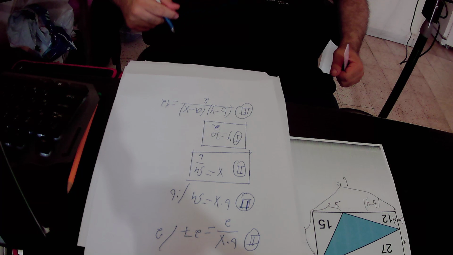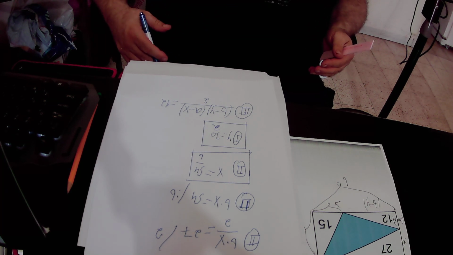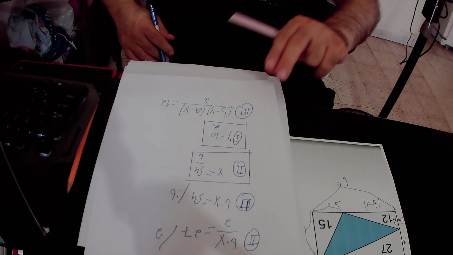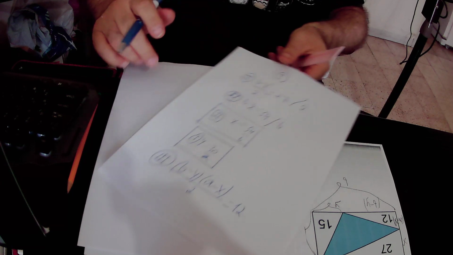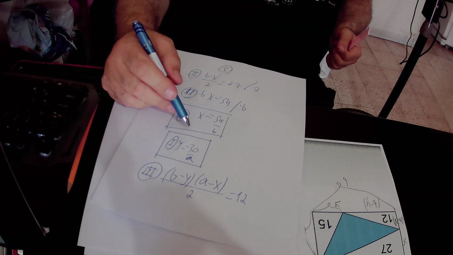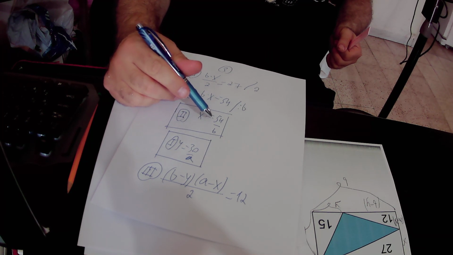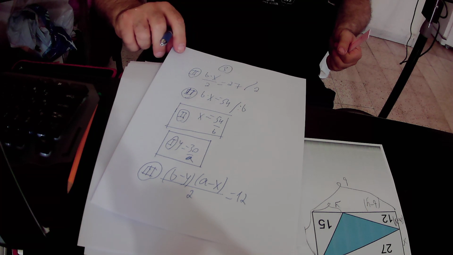So, as I already told you, in the third equation we will substitute y by 30 over a, and we will substitute x by 54 over b. Okay?